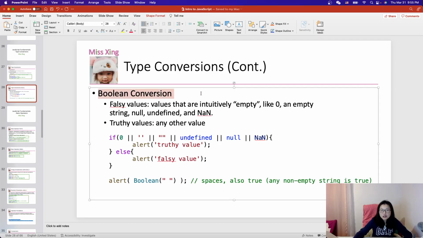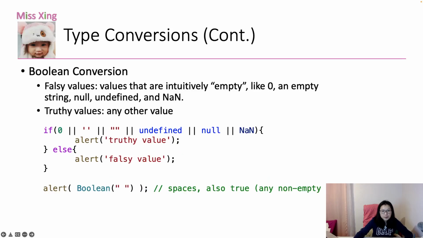This one is very interesting in JavaScript, which is very flexible. In JavaScript, a Boolean is actually considered as a falsy or truthy value. Like in other languages, like Java, you can only have true or false, right? But in JavaScript we consider falsy and truthy values.